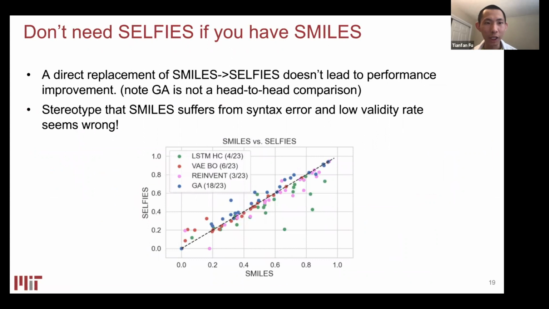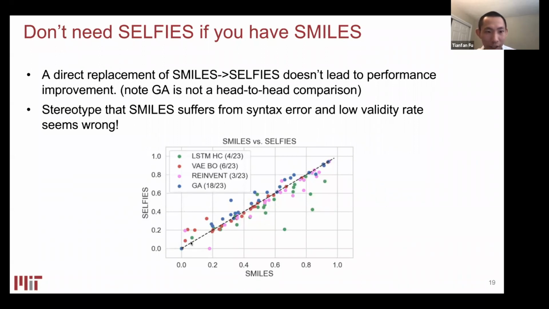We also compare the SELFIES and the SMILES strings. In this figure, each point represents a comparison where the x-axis represents the SMILES variant performance and the y-axis represents the SELFIES variant performance. We find that in most cases, the SMILES variant outperforms the SELFIES, and most of the points are below the dashed line.